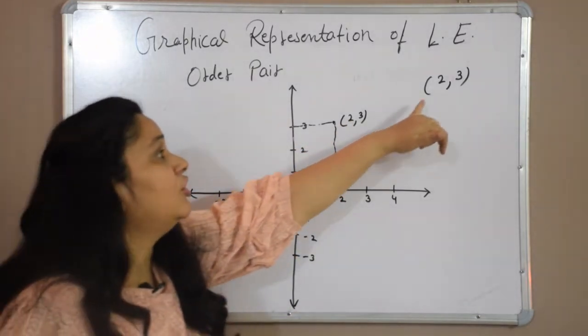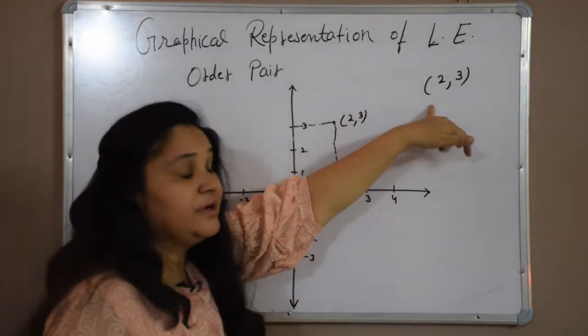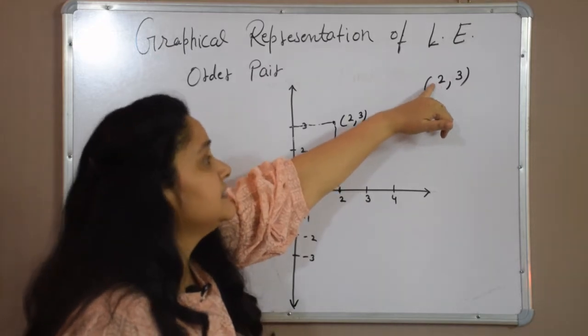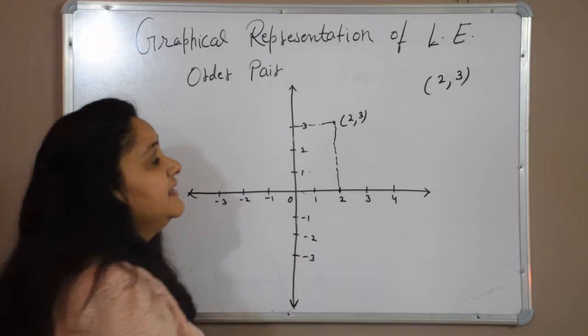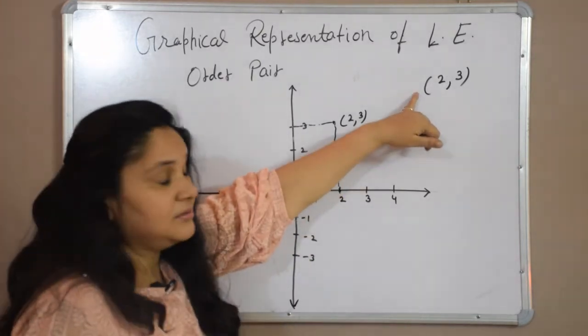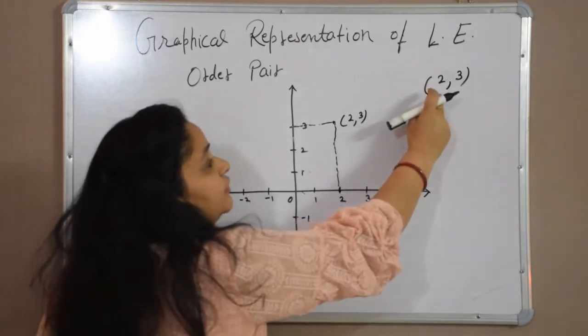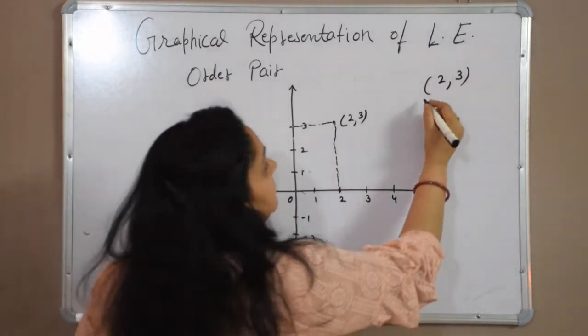Now why do we call it an ordered pair? Because the order is very important. Whenever we say ordered pair, 2, the first number, is always the perpendicular distance from the y-axis, or we can say it is a point on the x-axis, and this is a point on the y-axis.